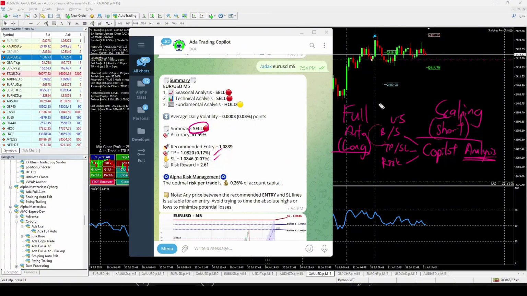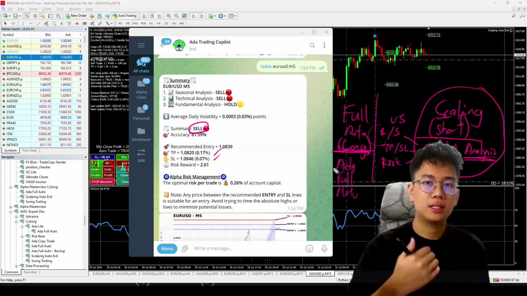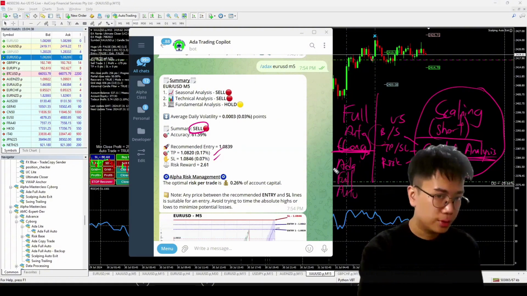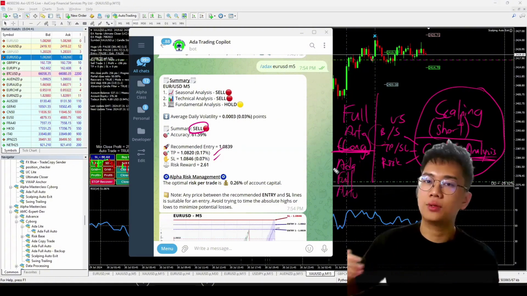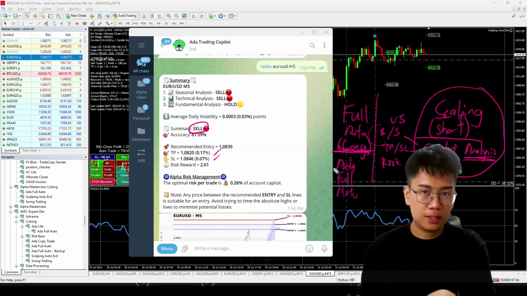That's it. But full auto, the ADA full auto, is the same thing but on a long-term basis, more like a week of trading, a month of trading. So you can choose your path. You want to be long-term, do the ADA full auto. You want to be short-term, do the scalping together with the analysis of co-pilots. And if you want to be both, you can do both.